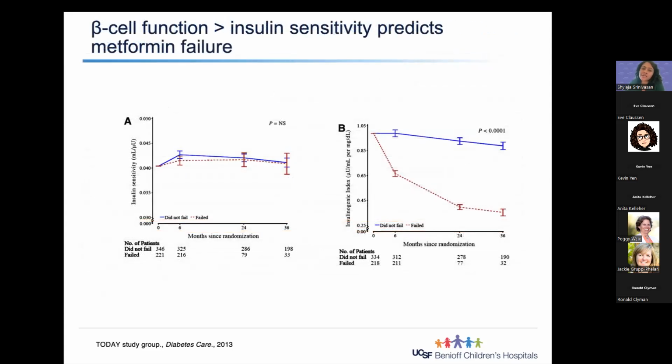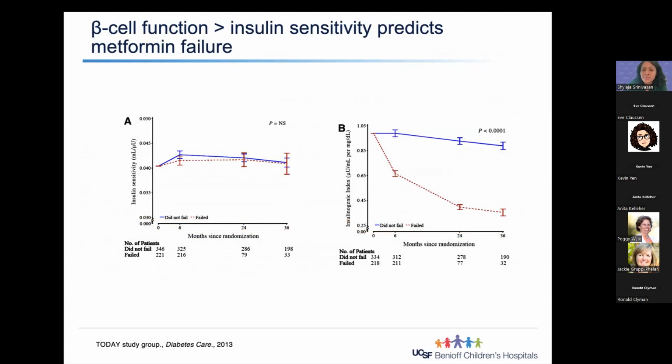Another distinguishing factor between those who responded to metformin and those who didn't was beta cell function. There were no changes in insulin sensitivity or insulin resistance between those children who failed metformin therapy versus those who didn't.